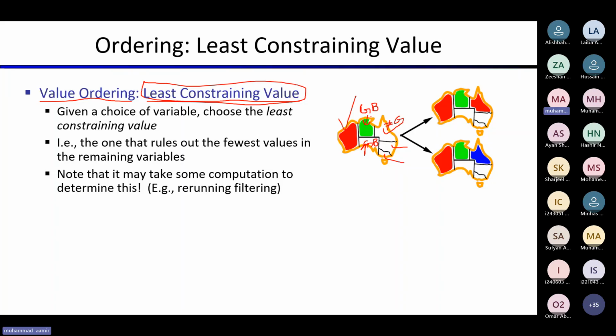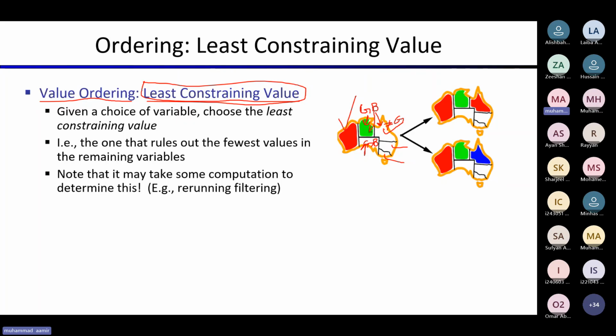We should select green for this particular state and blue for this, because we cannot assign green to this. If this territory has a unary constraint that it cannot be assigned the green value, then we should assign green to this state.